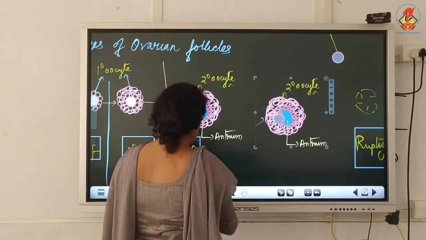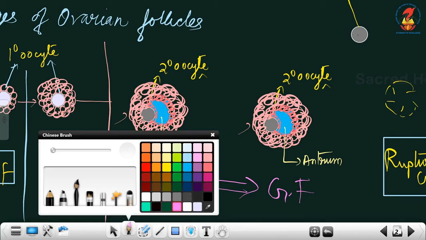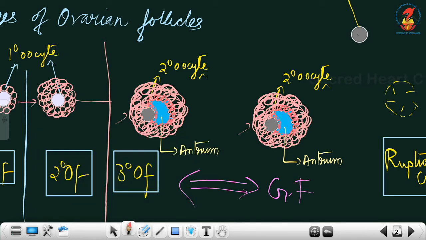That Graafian follicle is exactly equal to tertiary ovarian follicle. Then what is the difference? The difference is that, in green I am indicating, the secondary oocyte is surrounded by a layer called zona pellucida.